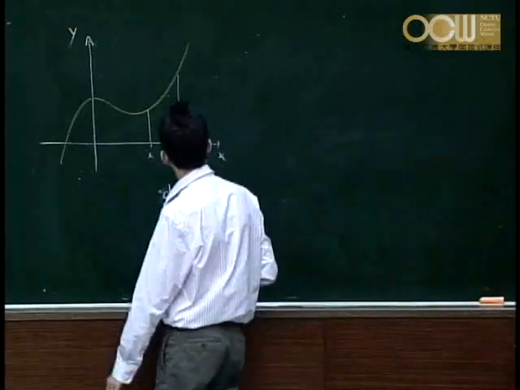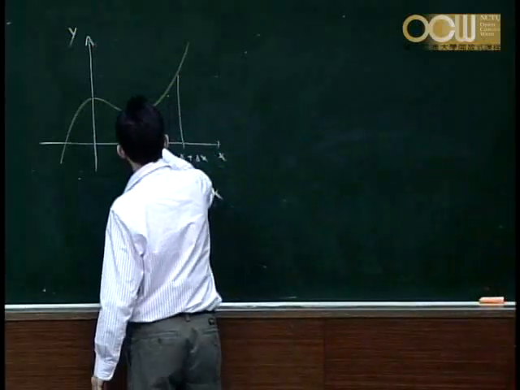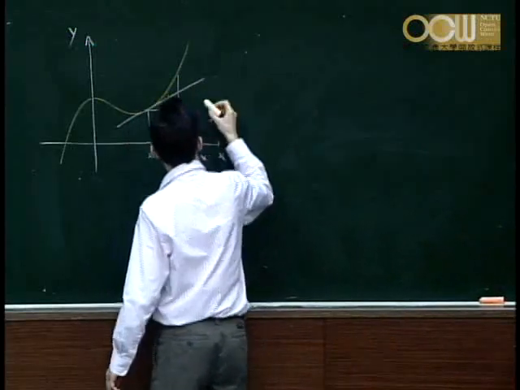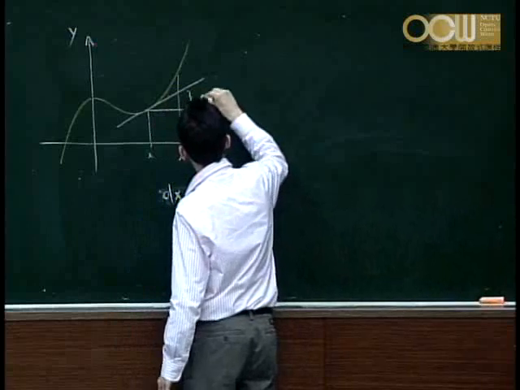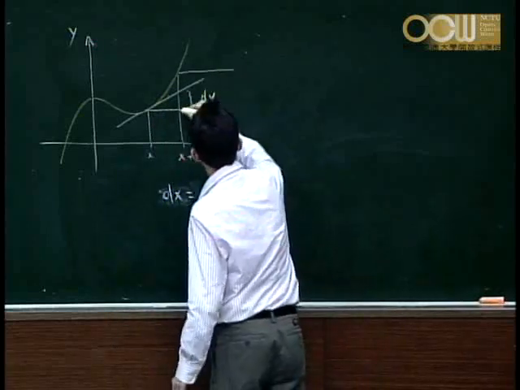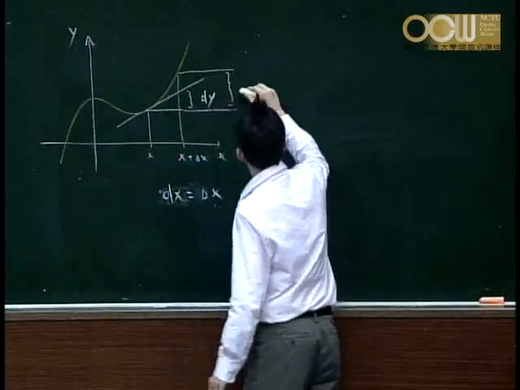Then if I plot the tangent here and I plot this line here, then here you see dy, and from here to here you see delta y.